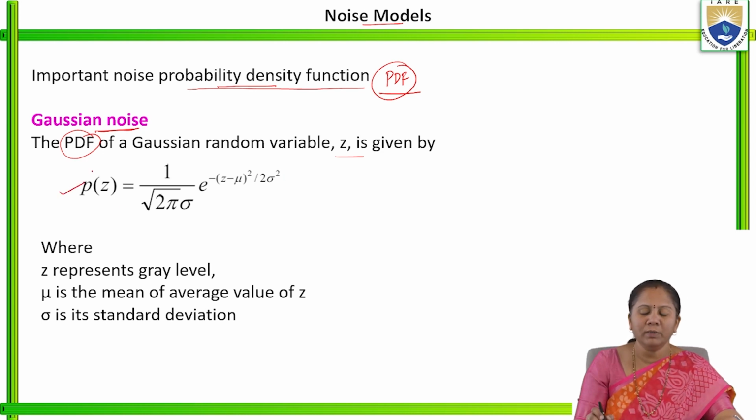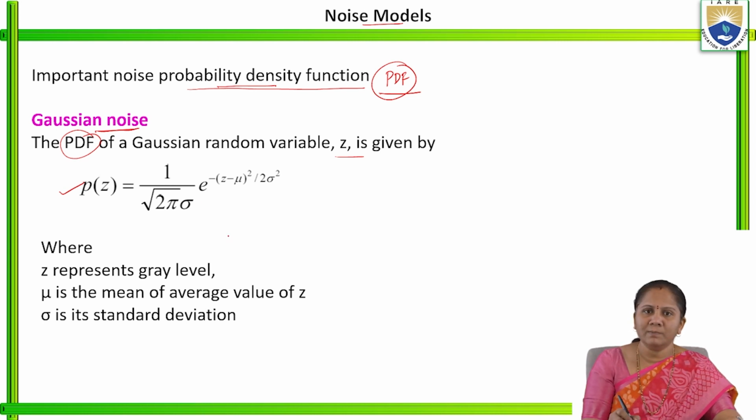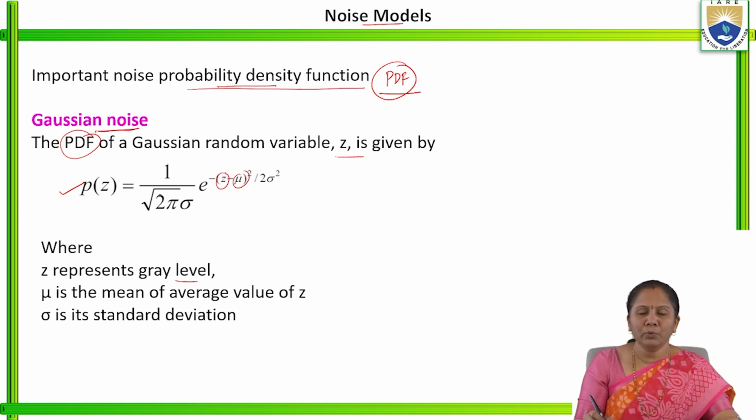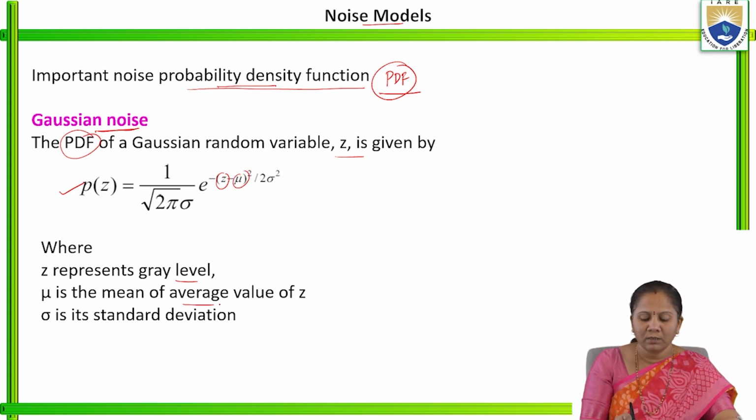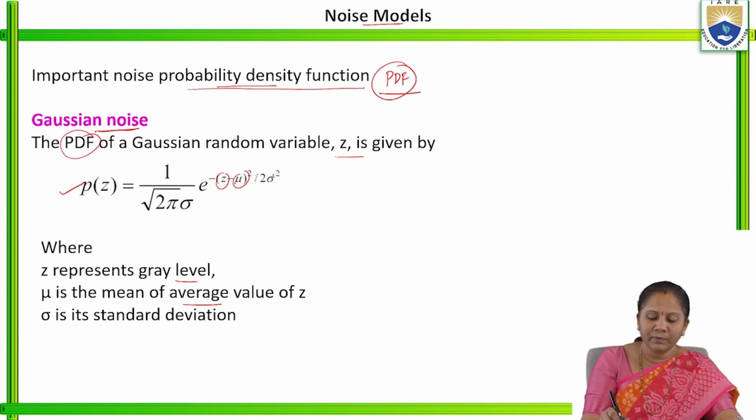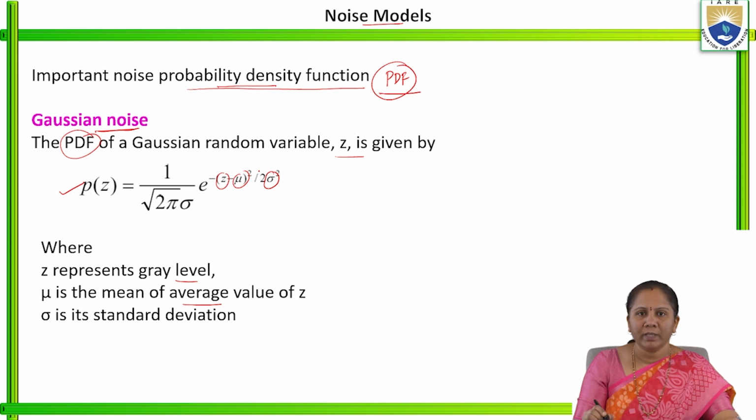So this is the probability density function for Gaussian noise. Here we can observe different parameters in this equation. Z represents the gray level, which is also called intensity level. Mu is the mean or average value of z. And sigma is the standard deviation. We can also call it variance.